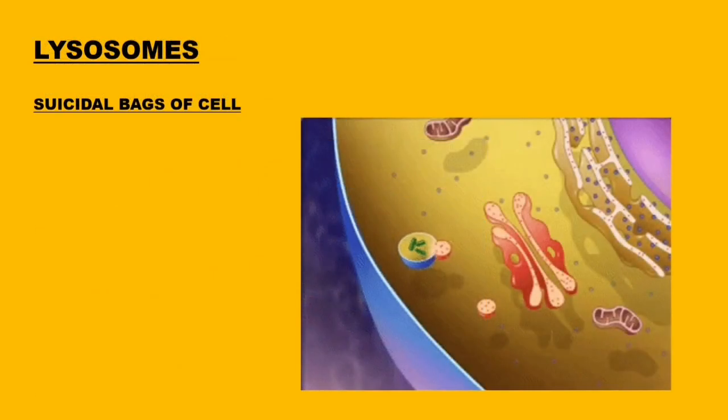Lysosomes are single membrane-bound structures supposed to contain hydrolytic enzymes in them. Due to presence of hydrolytic enzymes, these are also called the suicidal bag of the cells. These are the site of protein digestion. They are also the site of food digestion in the cell and of bacterial digestion in the phagocytes.